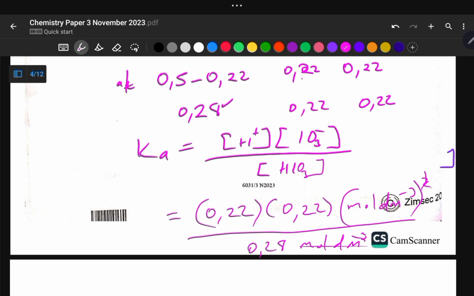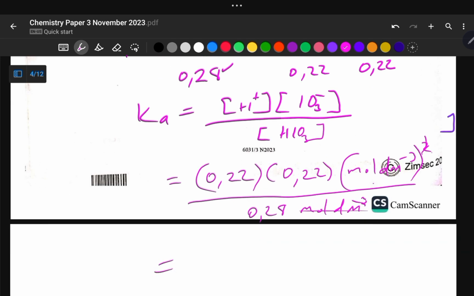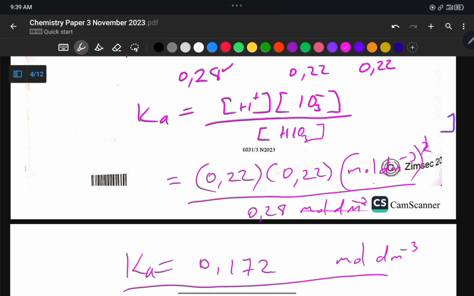And then we simply punch this on the calculator and maintain the units. 0.22 multiplied by 0.22 divided by 0.28, and this will give us 0.1723 moles per cubic decimeter, right? So this is the answer. So we are now moving on to section B.